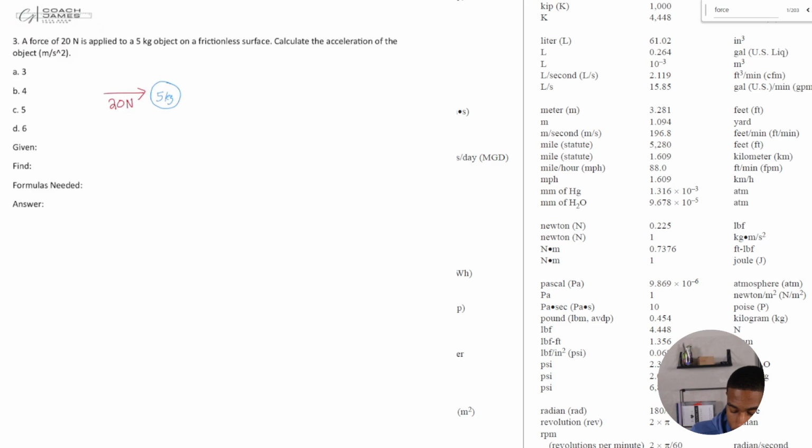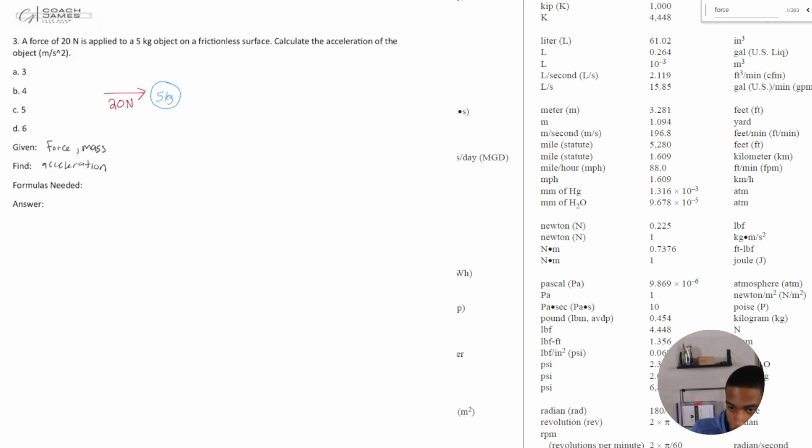Well, acceleration, force. So we're given force. We're also given the mass, and we're trying to find acceleration.